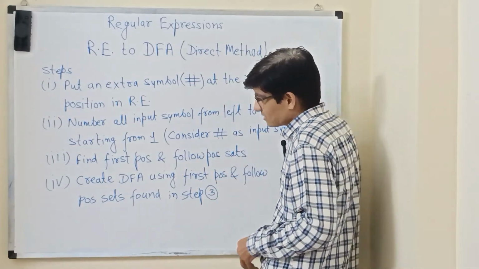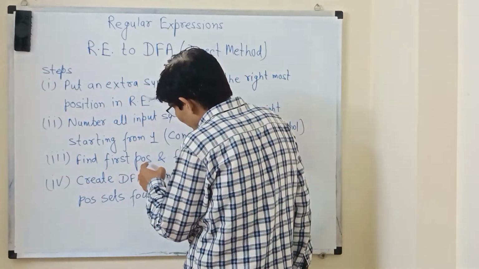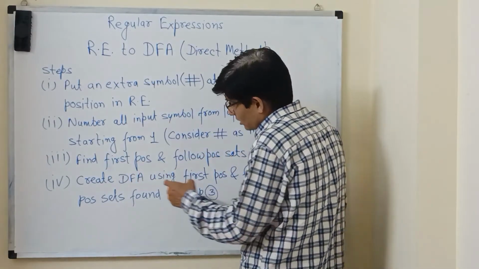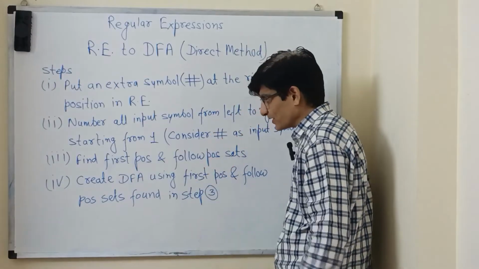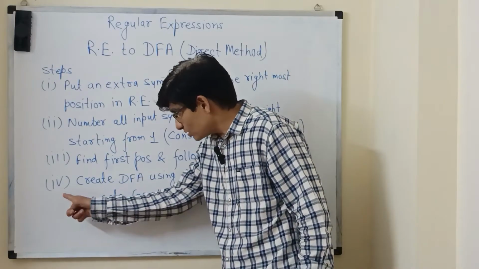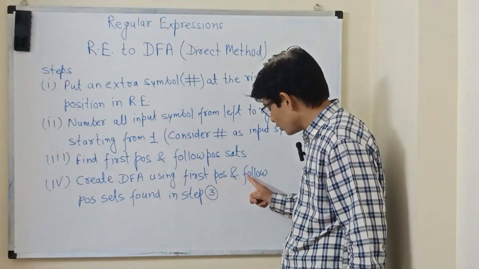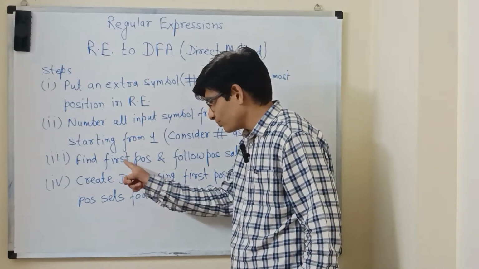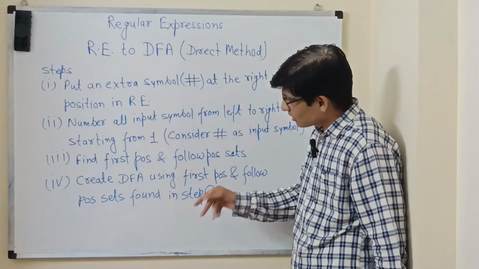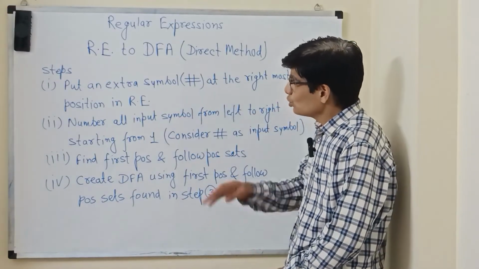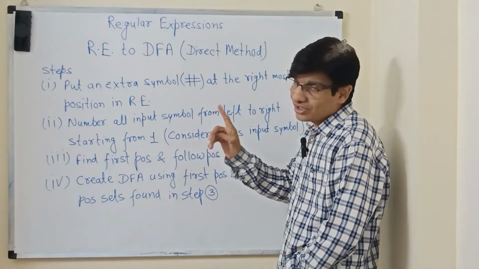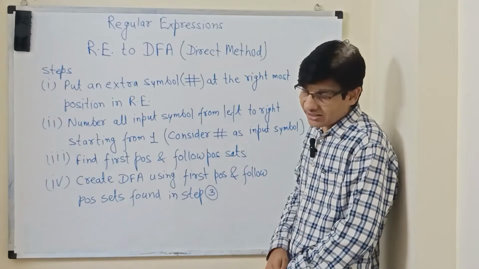Then the third step is to find the firstpos and followpos sets for the regular expression, and then in the fourth step we create the DFA using the firstpos and followpos sets found in step 3. So these four steps are there to convert a regular expression into a DFA using the direct method.